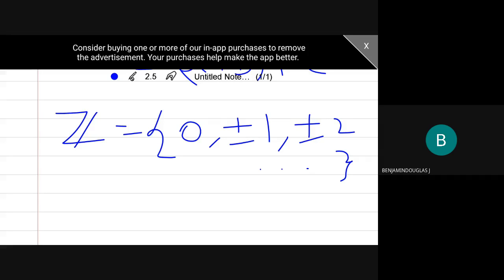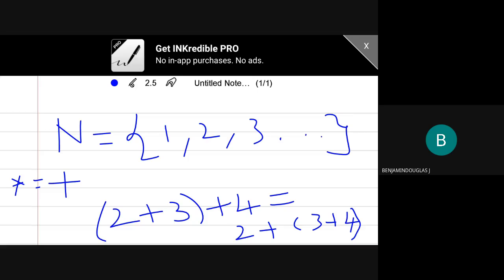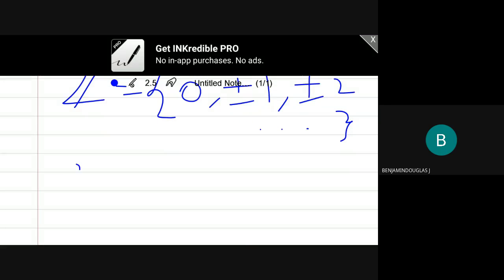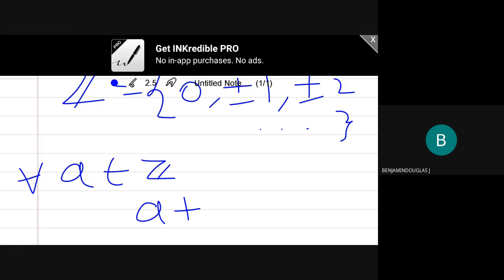My idea is, if I choose any element in Z and add it with some element, I will get the same element. What is my idea?